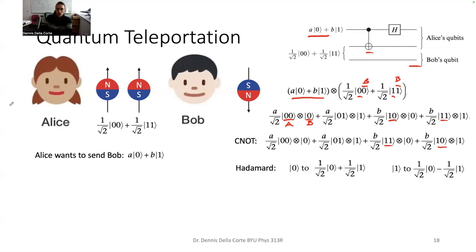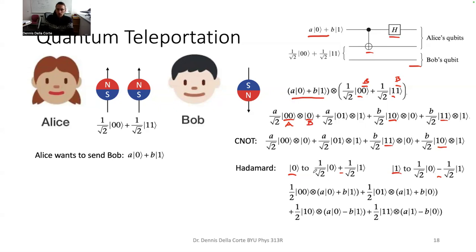And then, of course, we also have this Hadamard gate, and we know that the Hadamard gate takes the 0 and 1 qubits and puts them into superposition. So we get, for the 0, a plus here, and for the 1 state, we get a minus here.